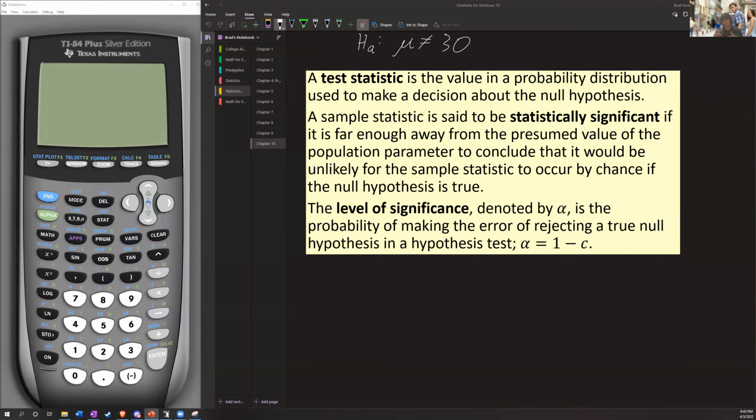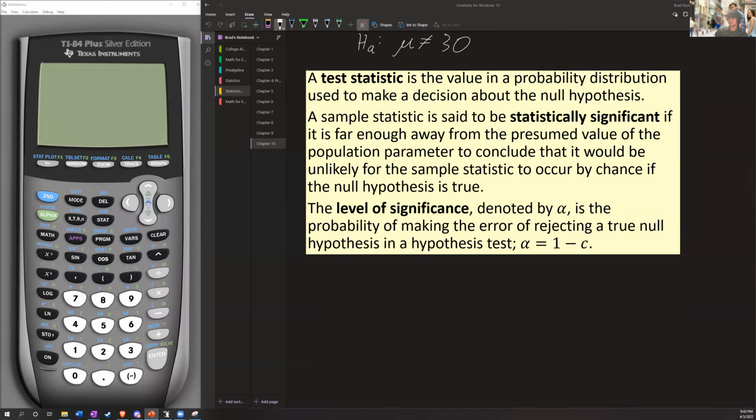For say physics, for example, in order for something to be determined to be a discovery, what that means is that it is 5 standard deviations away from the presumed parameter characteristic. That is to say, it is 0.000003 away. This is also sometimes referred to as greater than 5 sigma.